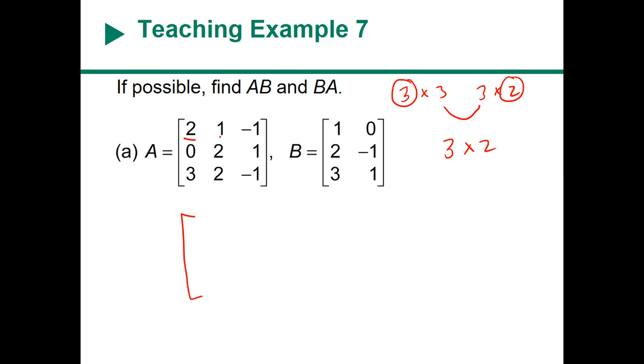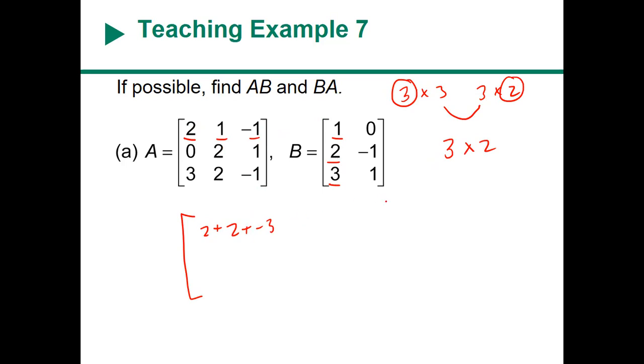So I have 2 times 1, 2, plus 1 times 2 is 2, plus -1 times 3, which is -3. That's the first element done.